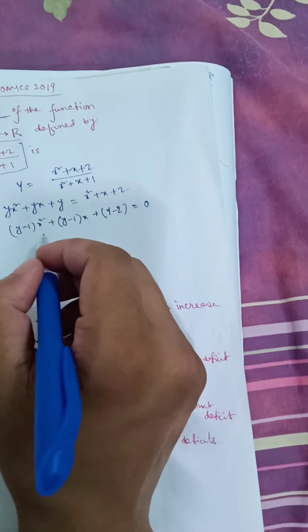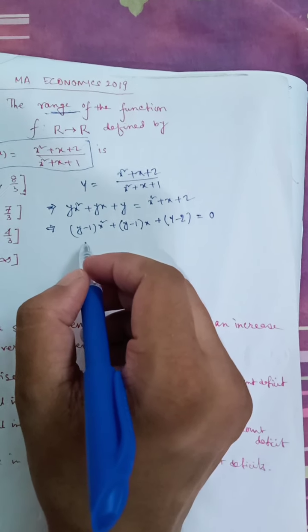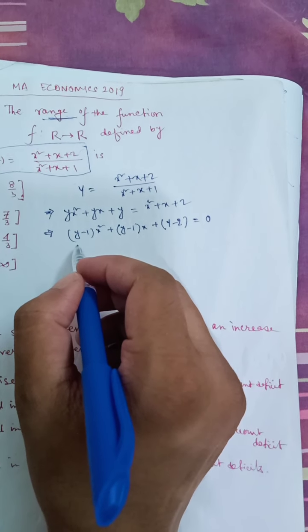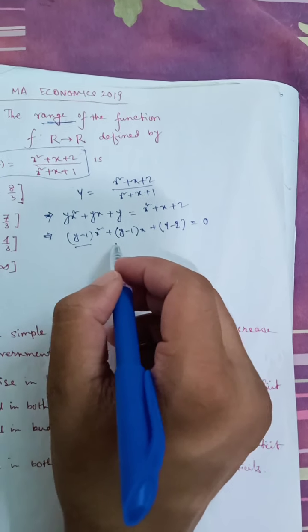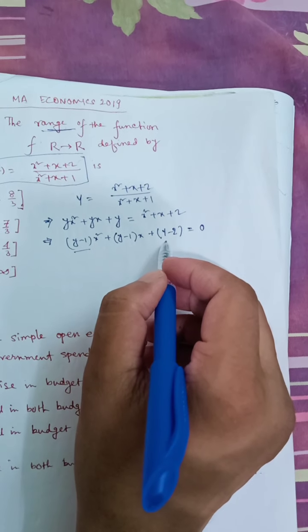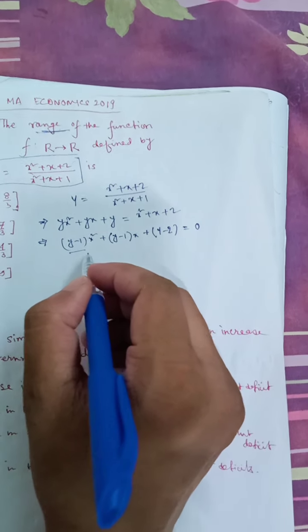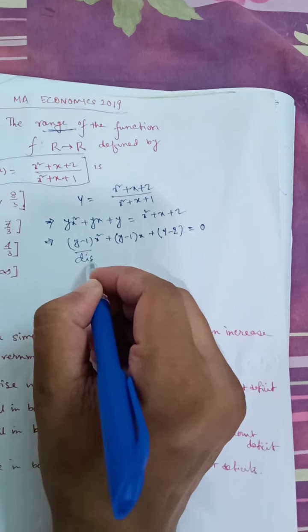So it's a quadratic equation with coefficients a = y − 1, b = y − 1 and c = y − 2.